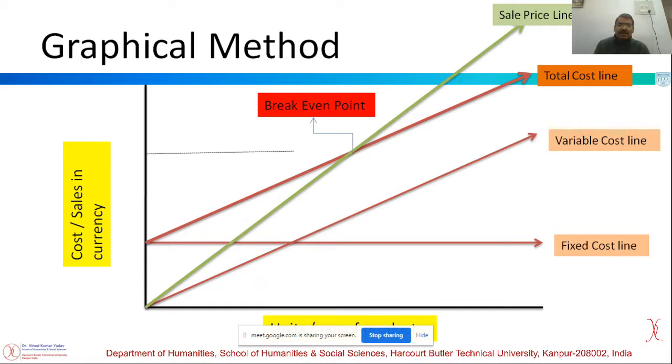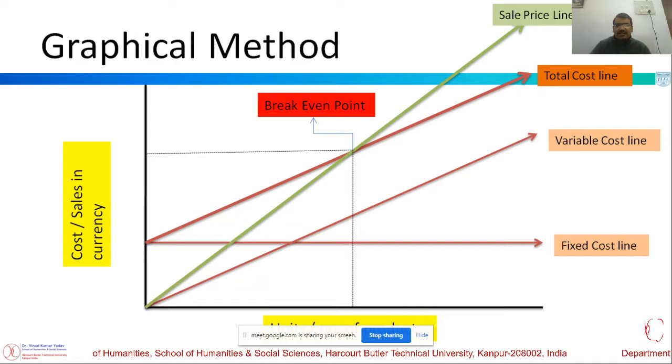And that is why this point is called the break even point in your production system analysis. So this is a point at which you achieve a no profit, no loss situation. It simply means that you have the total cost equal to the revenue or sales price earned out of selling all 100 products.